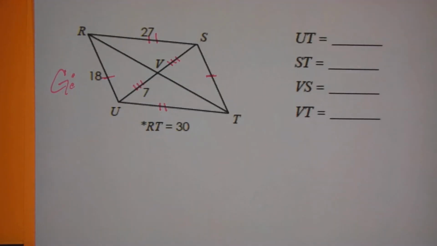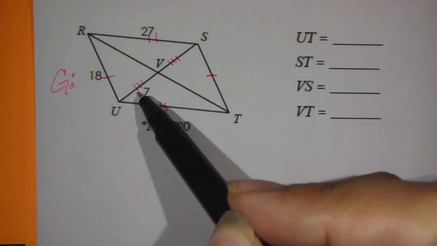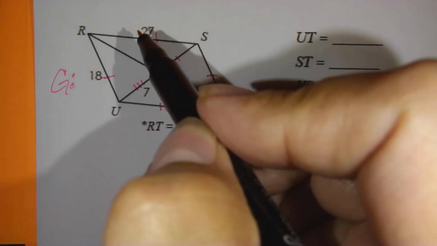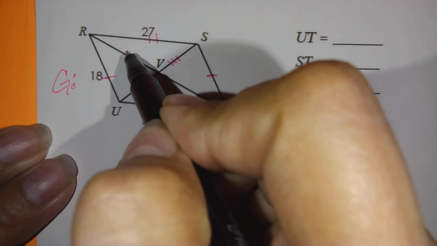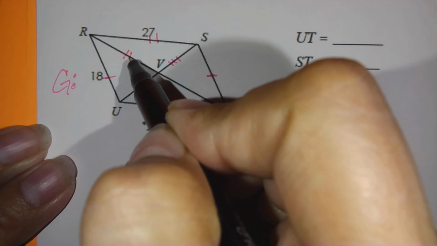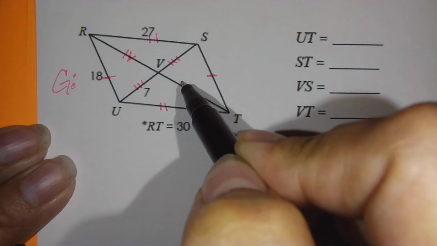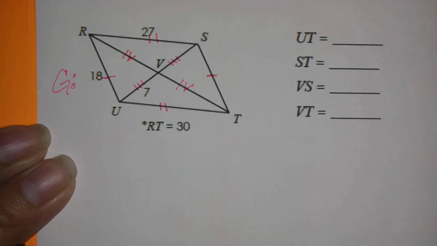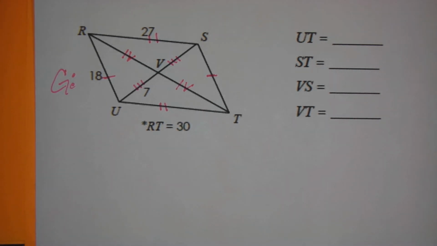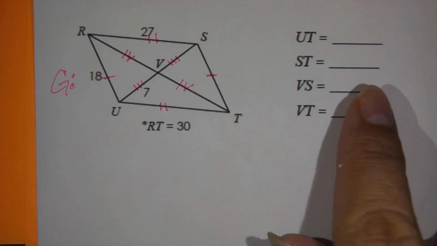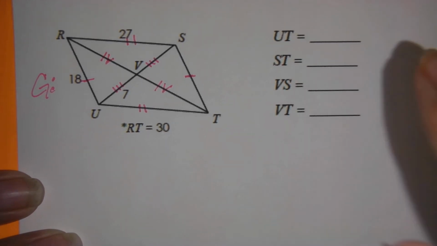So we have two equal parts on the diagonals. This is congruent to this, and then this guy, I'm not going to fill it up with a whole bunch of lines. So I'm going to use my Roman numerals to help me go through. So RV is congruent to VT because, well, they're bisected. So now we can go through and start looking for these unknowns.